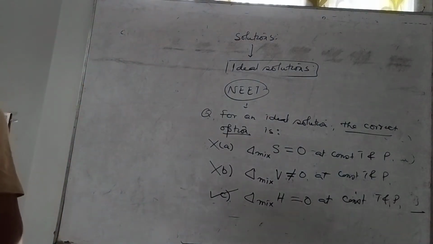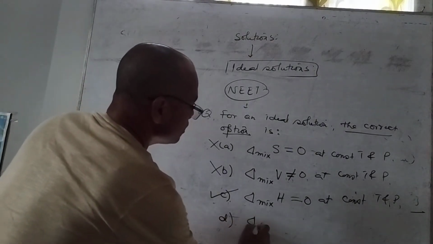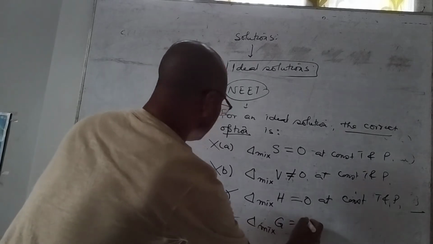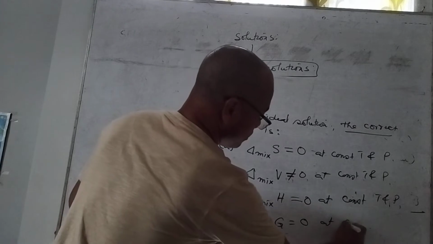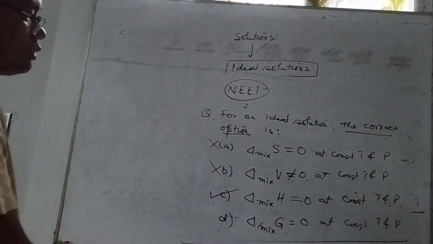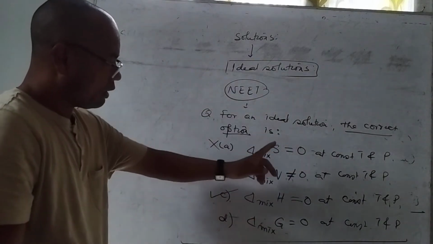So one more is given here, that is option D. This is another thermodynamic property, that is G. Here also it is given as 0 at constant temperature and volume. So here we have the fourth thermodynamic property. One is the entropy, another is the volume.